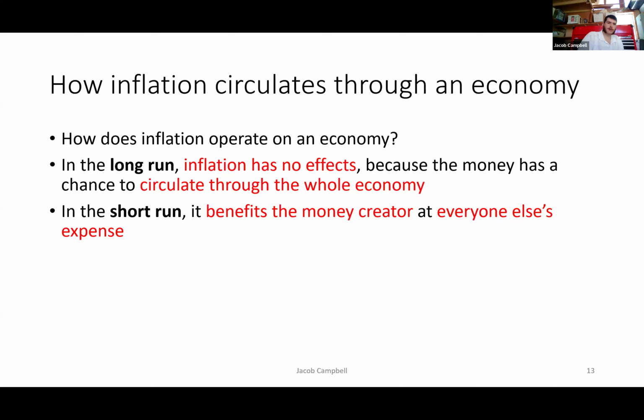So, how does inflation operate on an economy? Well, we'll see that in the long run, inflation has no effects because the money has a chance to circulate through the whole economy. But in the short run, it's going to benefit the money creator at everyone else's expense.